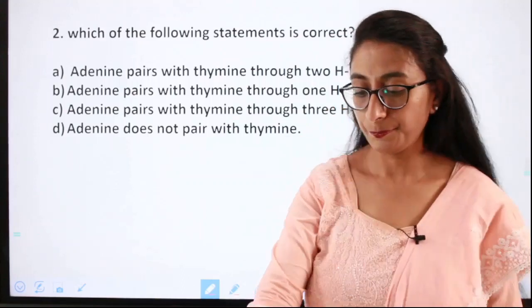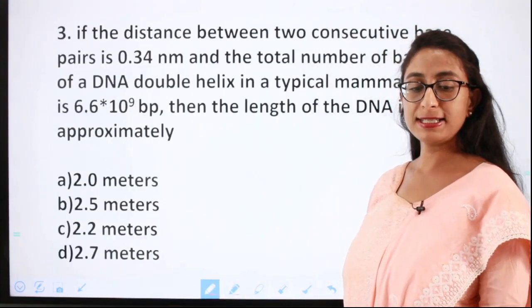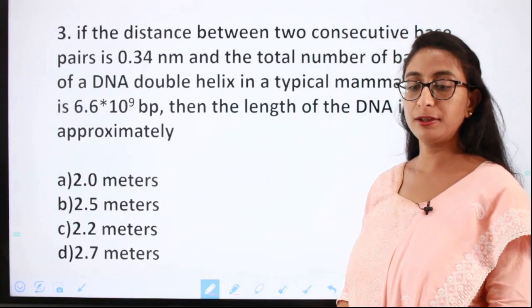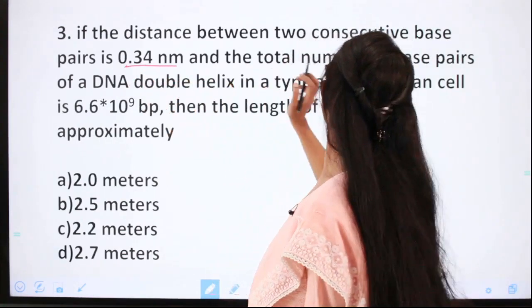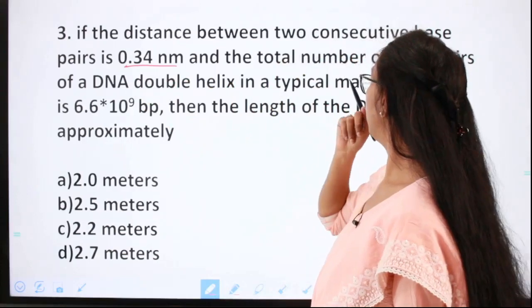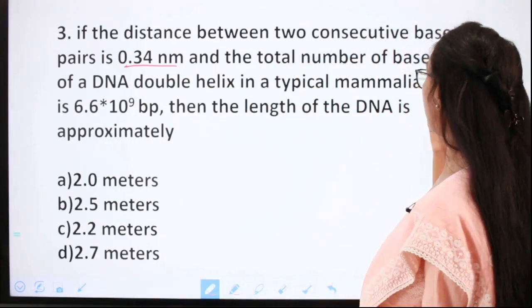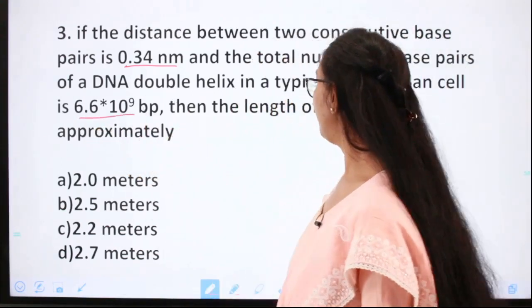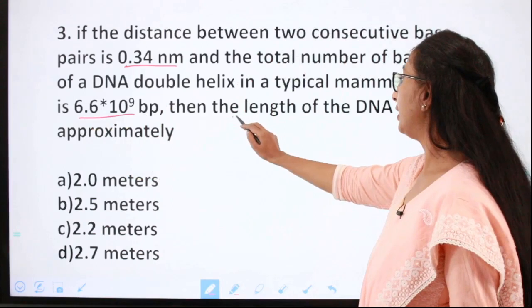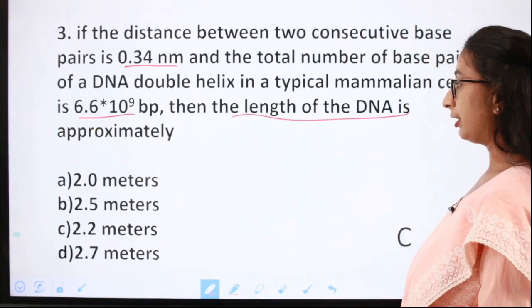Next question. If the distance between two consecutive base pairs is 0.34 nanometer and the total number of base pairs of a double helix DNA in a typical mammalian cell is 6.6 into 10 to the power of 9 base pairs, then the length of the DNA is approximately. So how do we calculate the length of the DNA over here?